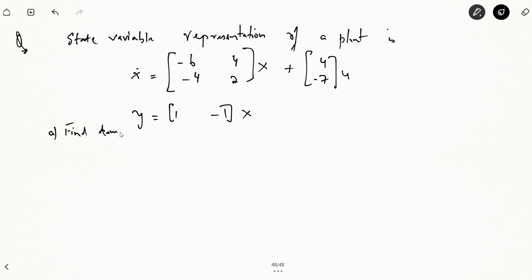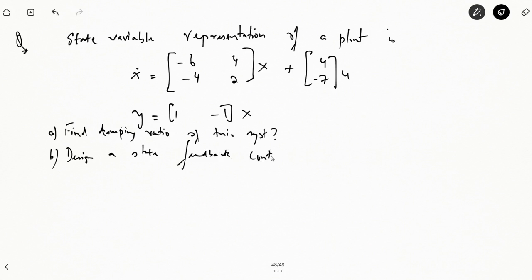Find the damping ratio of the system. And secondly, design a state feedback controller which results in a damping ratio of 0.7.